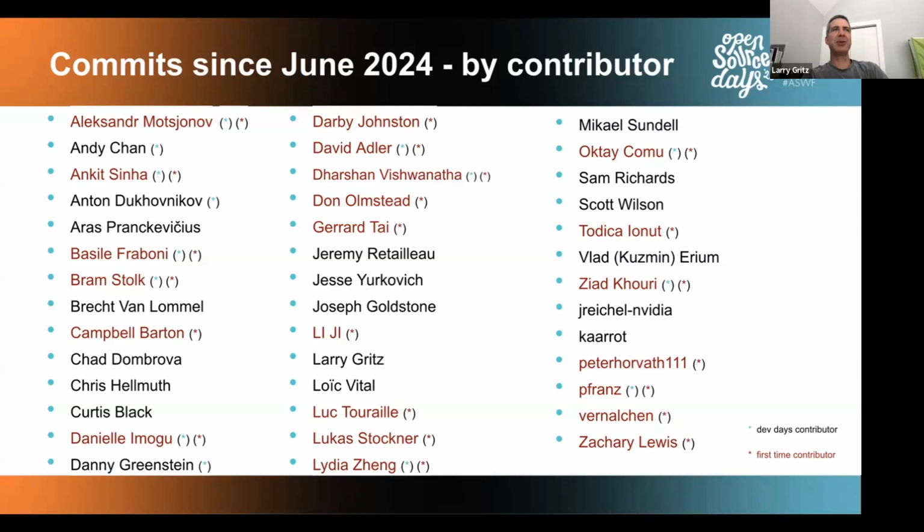But if I can jump in here for just a second, this slide is something that we're really proud of. Sometimes we complain about things, or we beg for more participation, but I think this really speaks to, in the grand scheme of things, the health of the project.